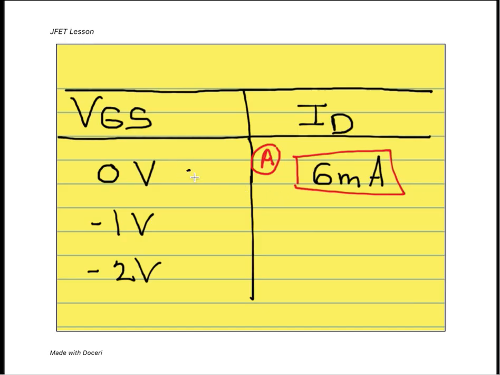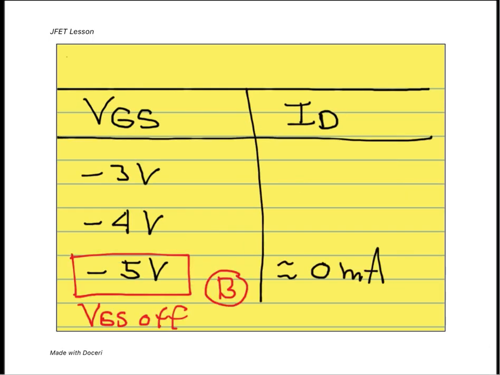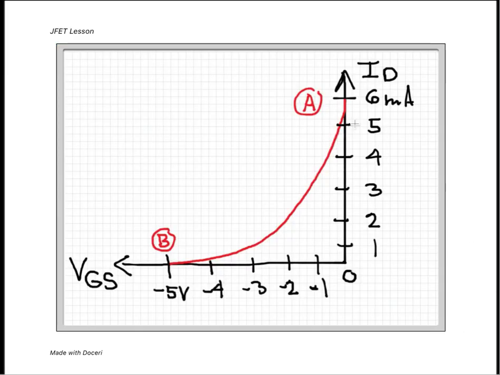So start at 0, then -1, -2. The more steps you do, the better. And then this is the cutoff voltage. So calculate all those, and then just plot them. And if you're going to do this, use best fit average and not point to point.